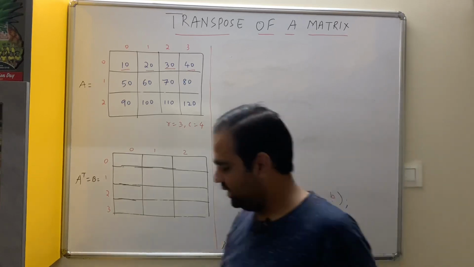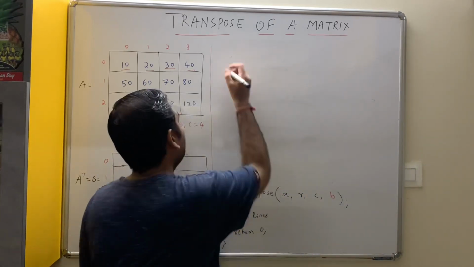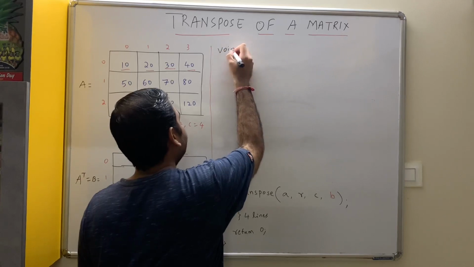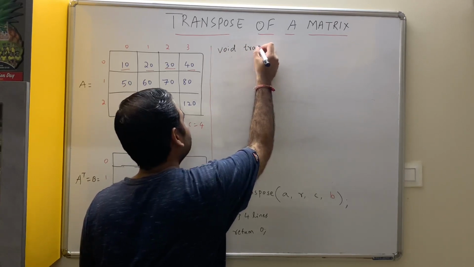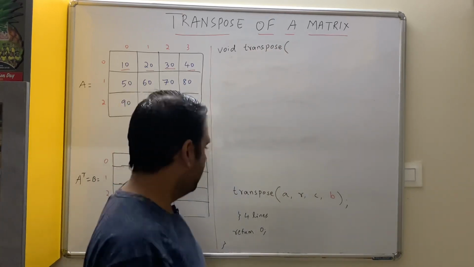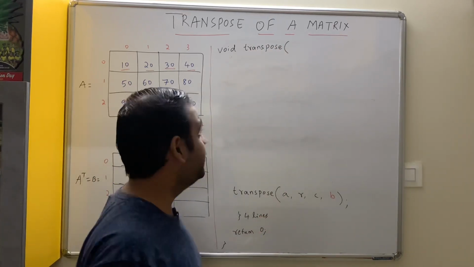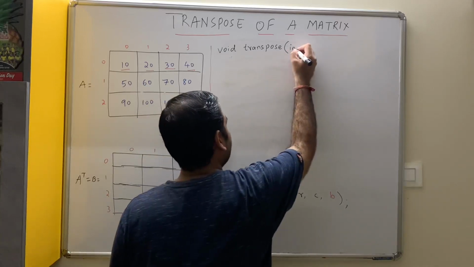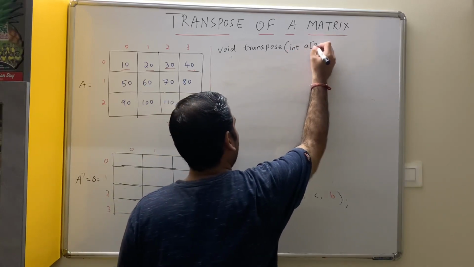Now let us write the transpose function. What is the return type? It is void. What is the function name? The function name is transpose. What is the first parameter? A. It is an integer 2-dimensional array. Hence I say integer row of column.